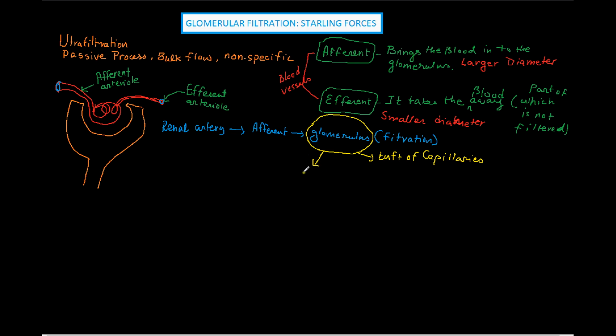Then the diameters get smaller in the capillaries, and if you compare afferent and efferent, the efferent has the smaller diameter, so that causes a resistance of blood flow towards the efferent arteriole and then towards the peritubular artery.